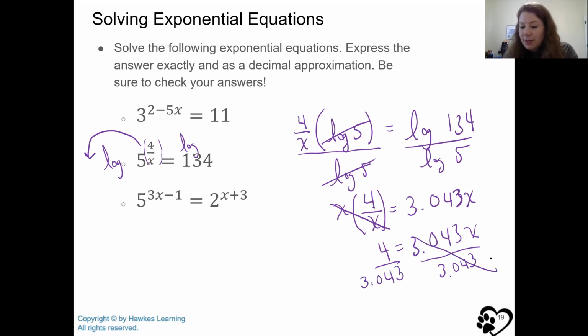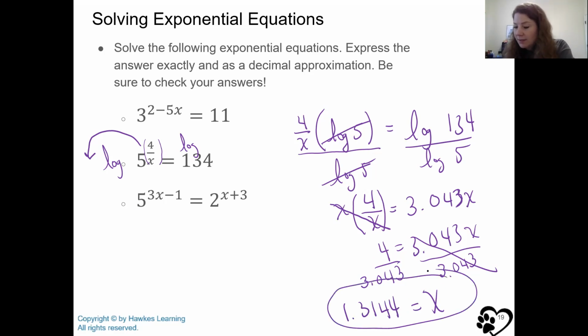And on my calculator, I'm going to put 4 divided by, and then in this TI-30, to recall your answer, you can hit second, and then above the negative number, you see A and S. So you're basically telling it to recall an answer, second, and then A and S, and it recalls your last answer. And the answer that my calculator tells me is 1.3144. That's the answer.